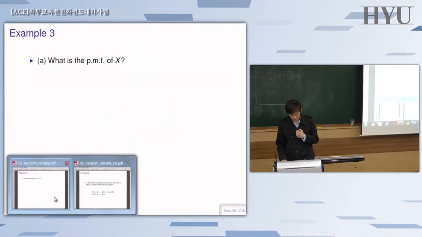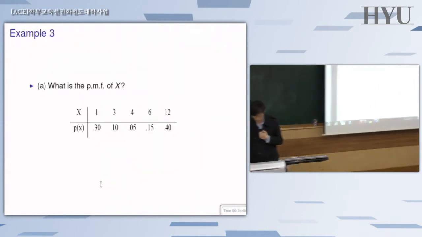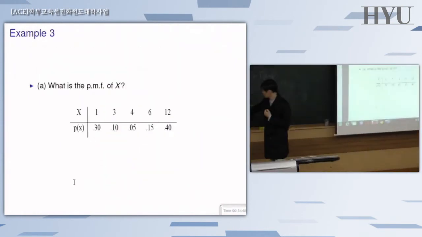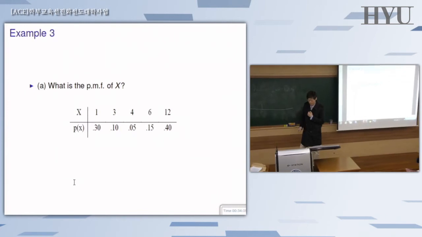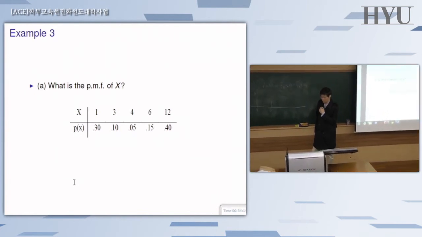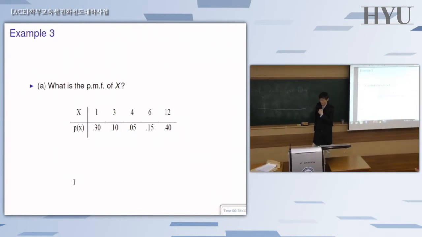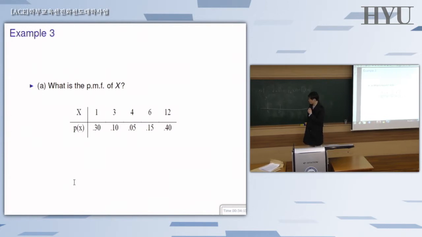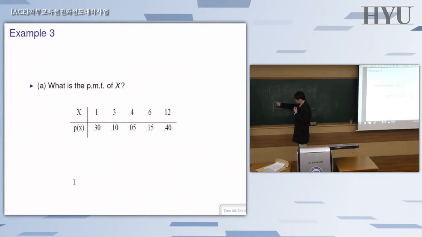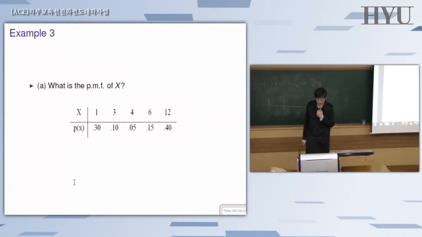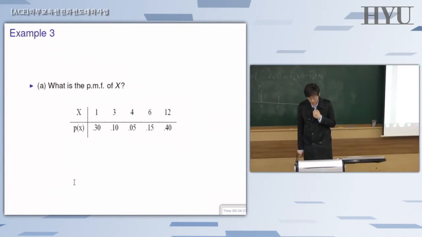So if you use the information, you can easily construct a PMF for this X. It should be this. You just repeat what I'm doing here. So the mass for the smallest possible value for X, which is 1, there's a sudden jump in the probability mass of 0.3. And the next possible value taken by X is 3, and there's another jump, a smaller one, 0.1.